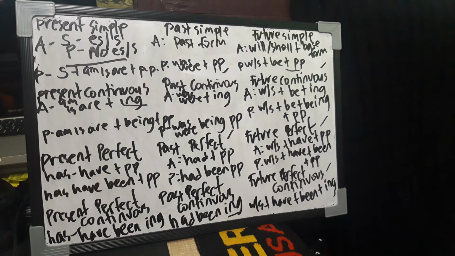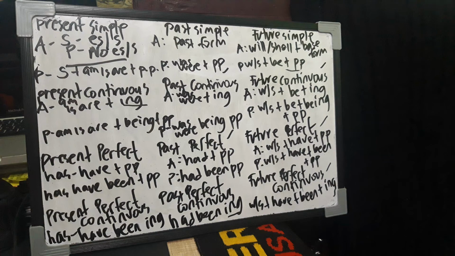What you need to do also here is memorize: when do I use past perfect? In what situation can I use future continuous? In what situation can I use future perfect? Because you can just simply use them whenever you want if you are not familiar with how to use the 12 tenses, how to use each tense of the verb.